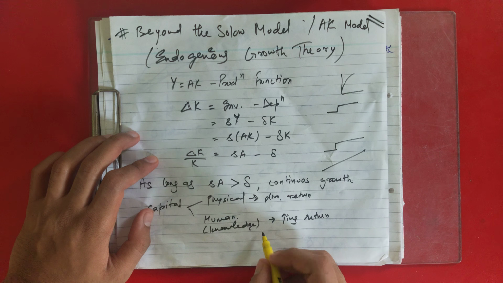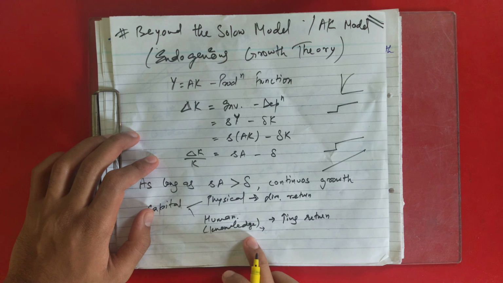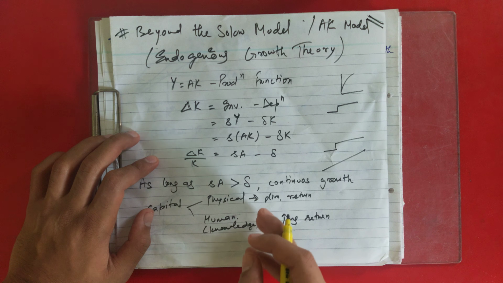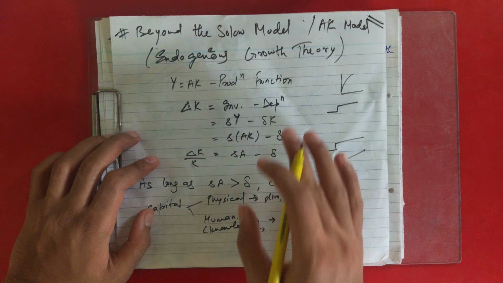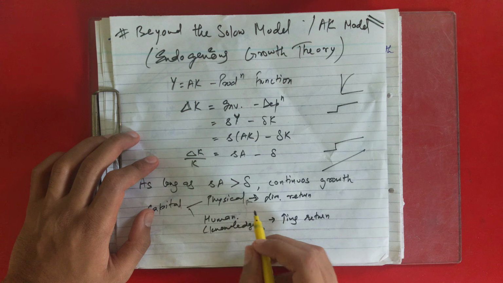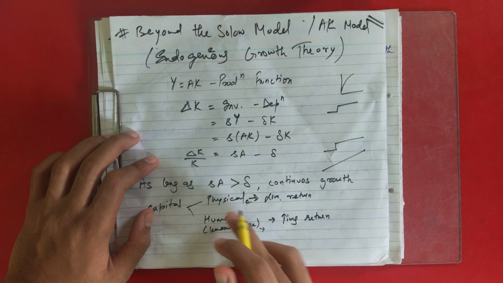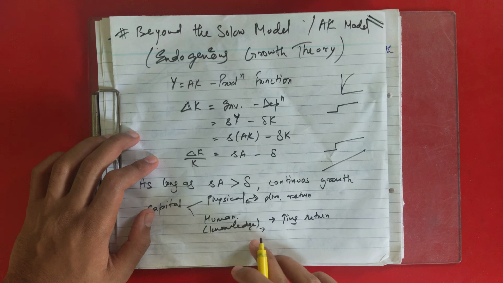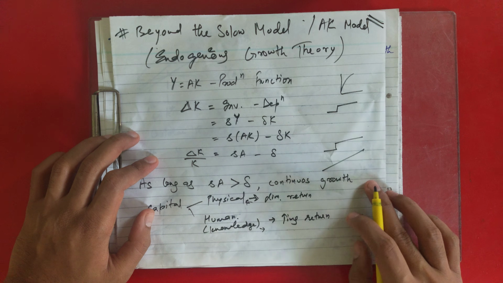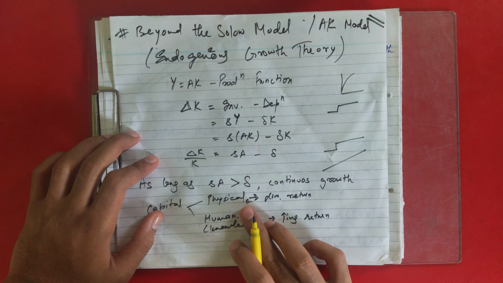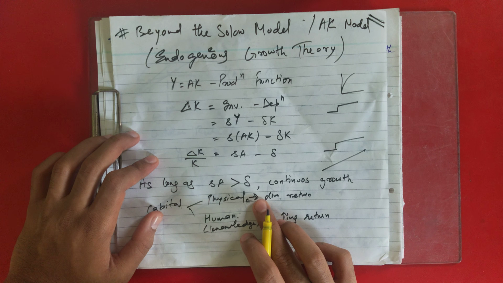First, you acquire the knowledge and you can teach, as I am doing. And second, I know how the machinery operates, so I can also use this in physical capital: I can operate the machine, or I can teach you how to operate the machine. So this knowledge is used in both sectors.